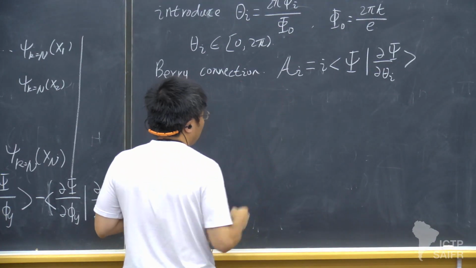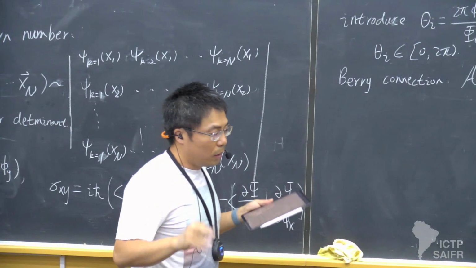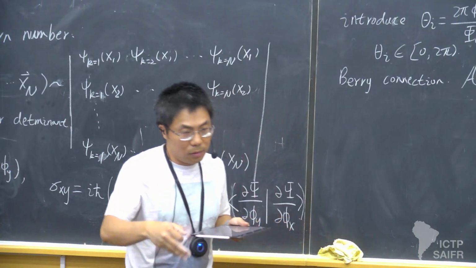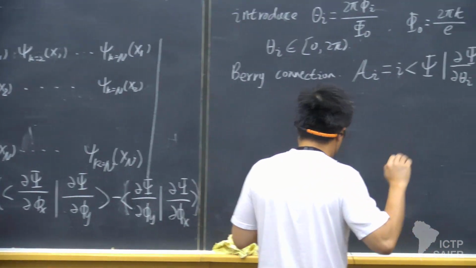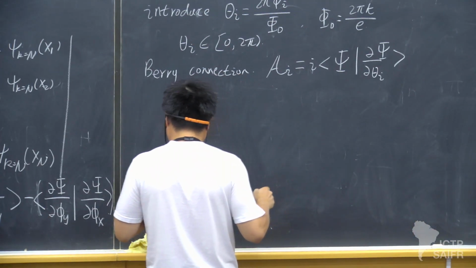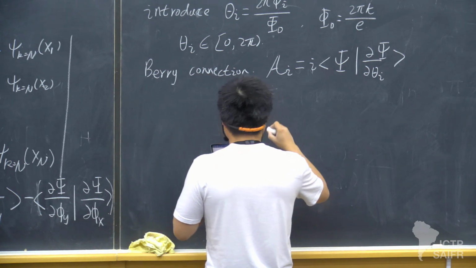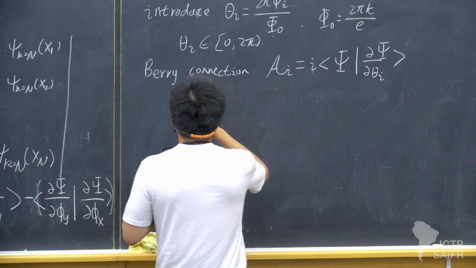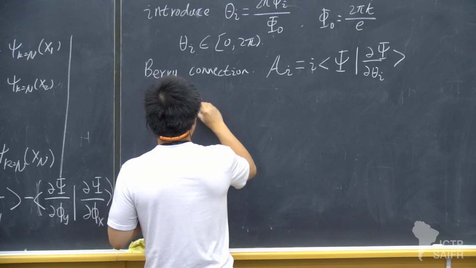It's actually an analog of the vector potential that we deal with in electromagnetism, right? That's also the vector potential we play with in these lectures, right? And then we can introduce, I think it's Berry curvature, right?